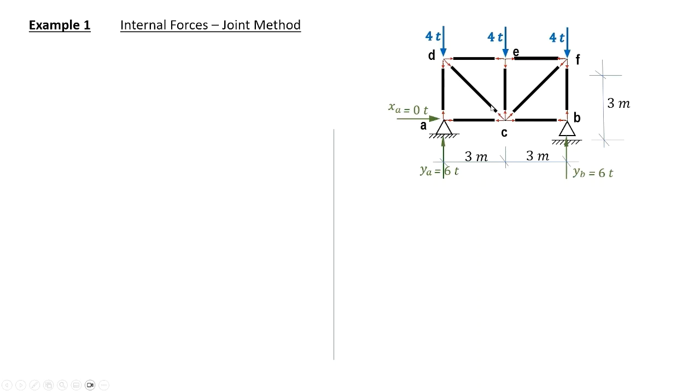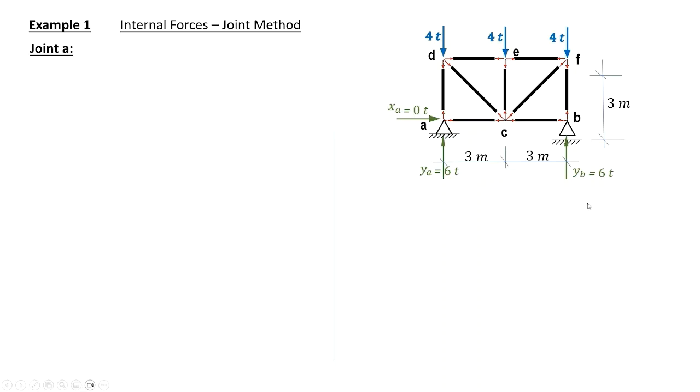So if we take DC for an example, the force at D out of the joint, the force at C coming out of the joint, and as explained before, DC has a tension force.